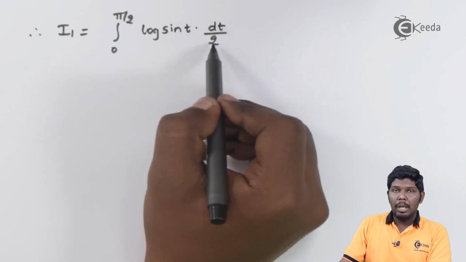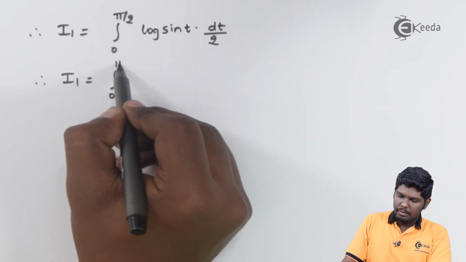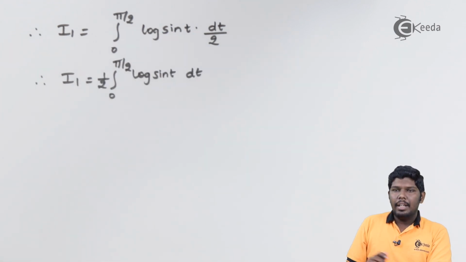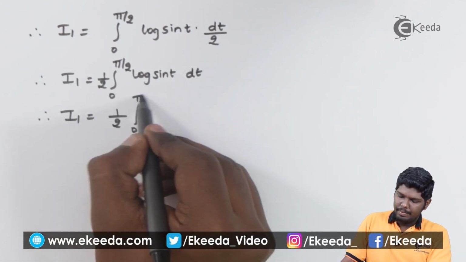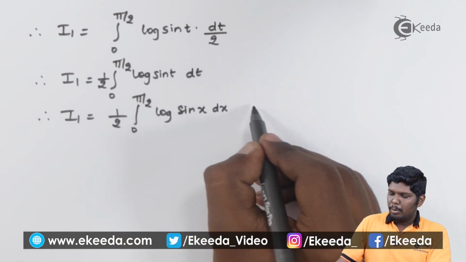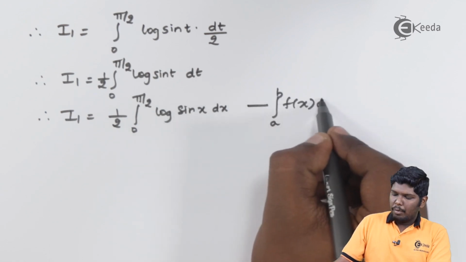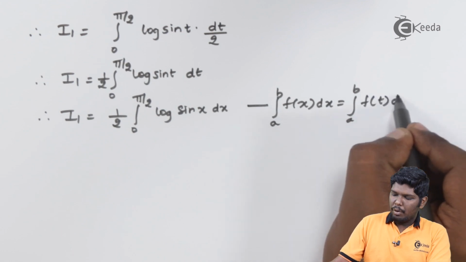Now we can take this 1 upon 2 constant outside the integral. After that, the similar function can be written in terms of x. As we have property, integral a to b f of x dx can be written as integral a to b f of t dt.